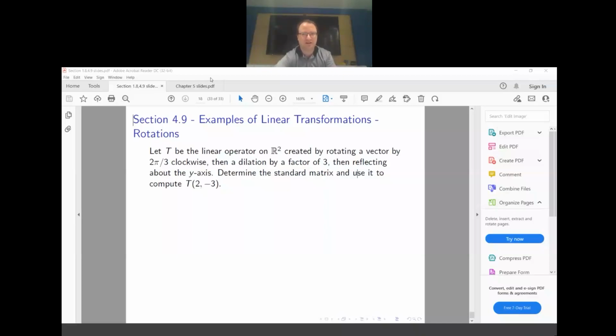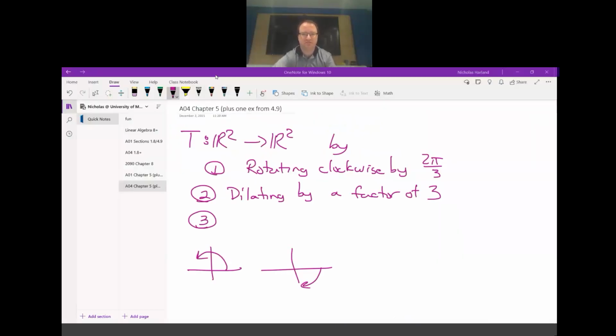Great question. Anyone got an answer for that? What's the difference between rotating counterclockwise and rotating clockwise? So one is going this direction, one is going this direction. What would the difference be? I drew something and I didn't actually put it.